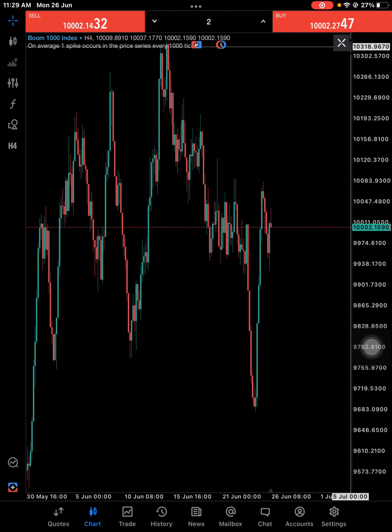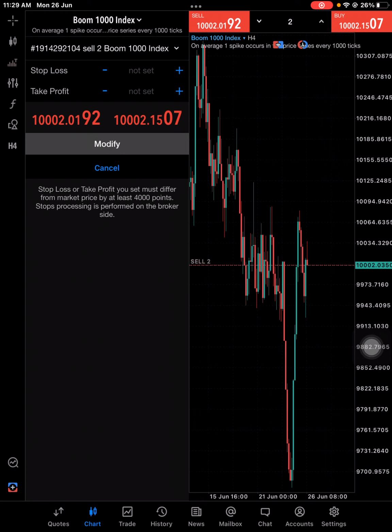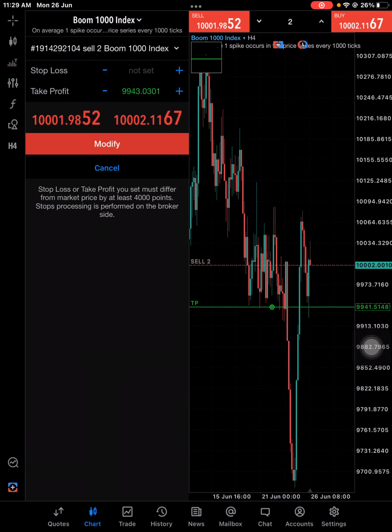So at this level now, you can start taking a sell on Boom and expect it to go more down. Okay, and your take profit one will be here, and your stop loss will be here. Now this is where it's very important to note.